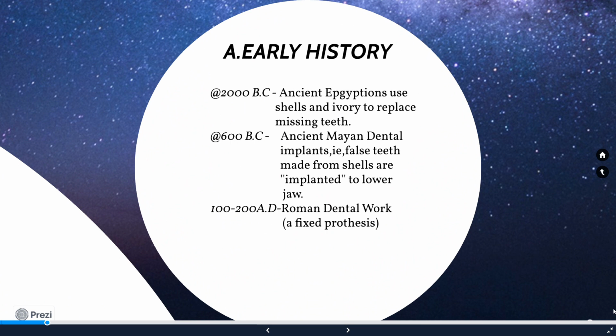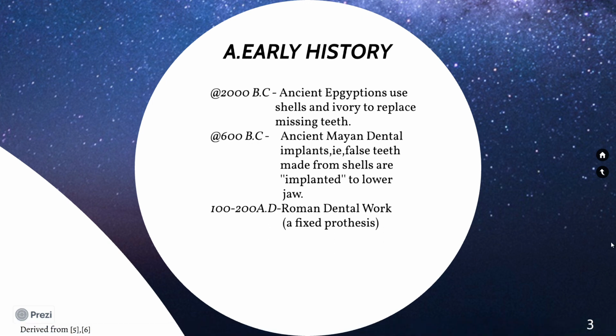It starts off with ancient Egyptians using shells and ivory to replace missing teeth, and around 600 BC the Mayan dental implants, false teeth made from shells, started to get implanted in the lower jaw. Then comes the Roman Empire and Roman dental work.